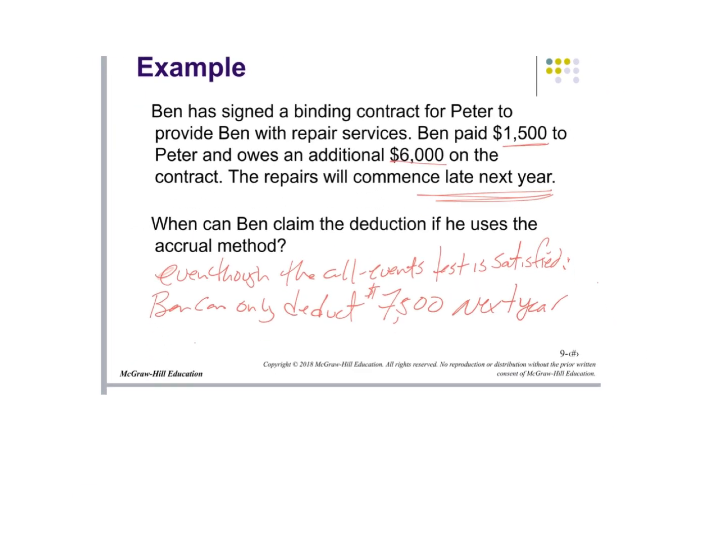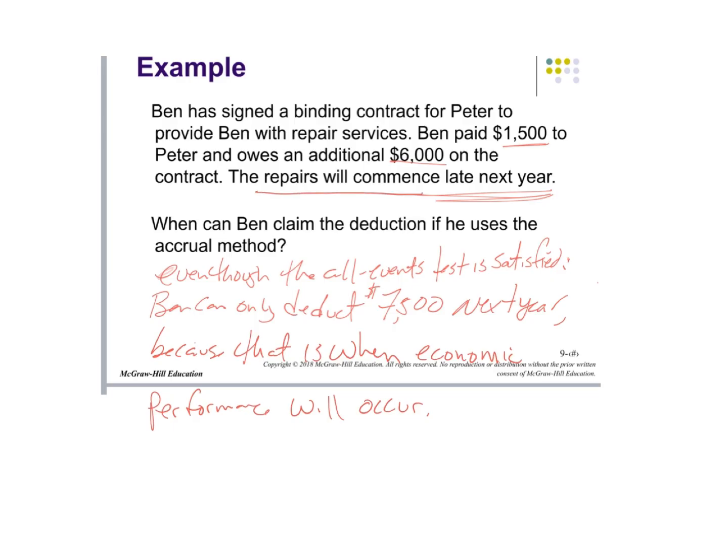Because even though you've got the all events test satisfied, you also have to have economic performance. And he can only deduct $7,500 next year because that is when economic performance will occur, okay? Because it says the repairs will commence late next year.